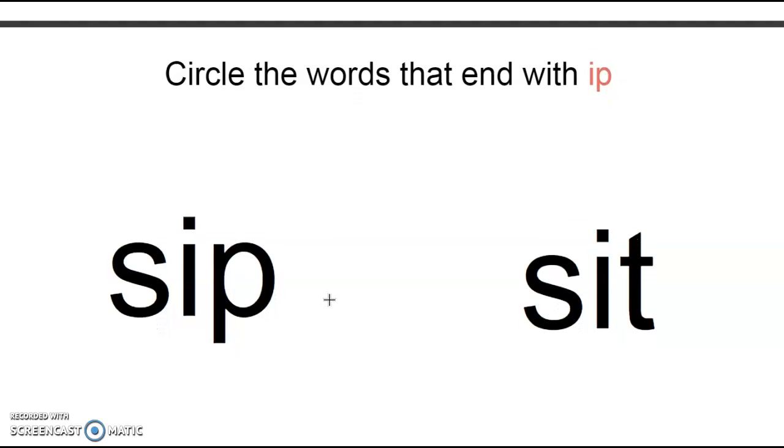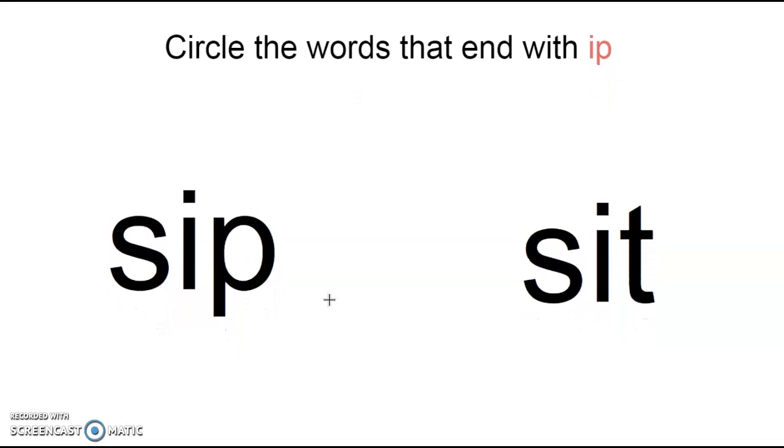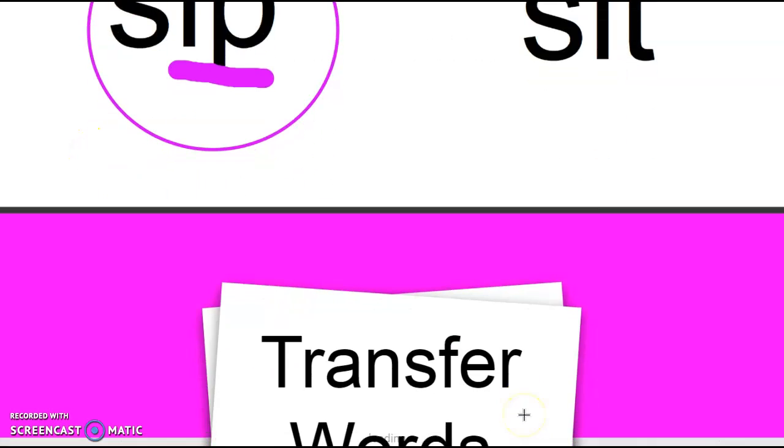Great job. Now, they want us to use those same directions. Circle the words that end with IP. We have sip and sit. Looking at these 2 words, which word ends with IP? Point or say this word out loud. Sip. If you said sip, you are correct. Sip is our word that ends with IP.